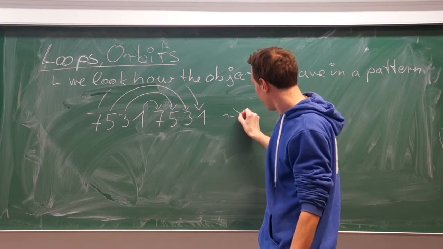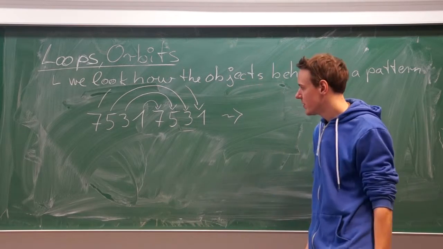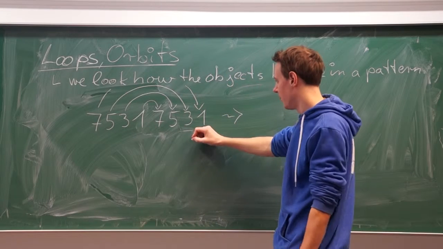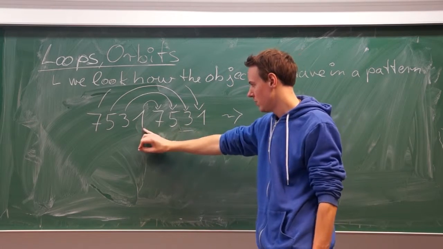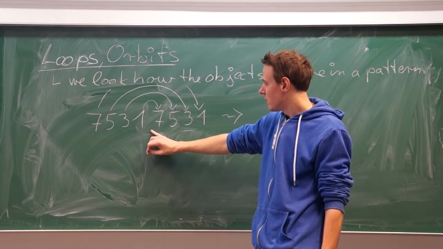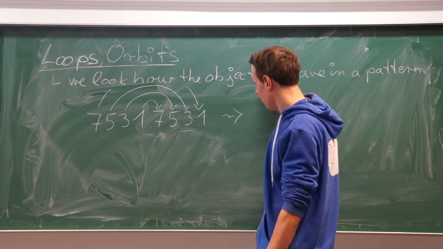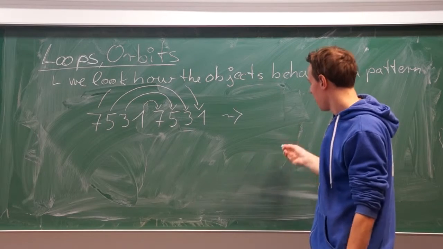So when I look at the orbits, I see that this 7 is going to be the 1. The 1 is going to be the 7. So it's always 7, 1, 7, 1, 7, 1.